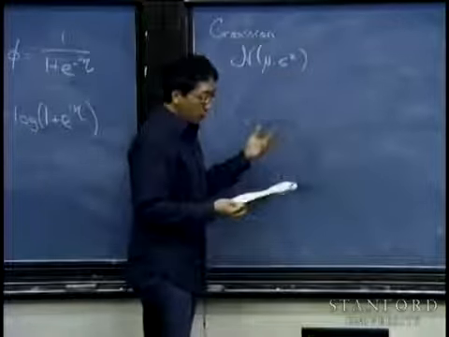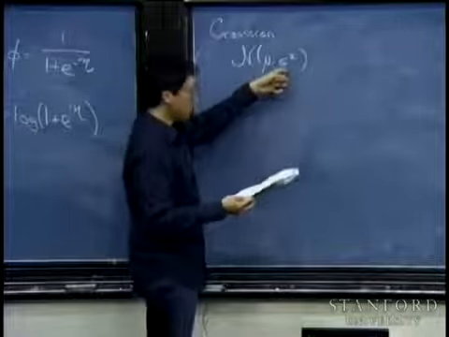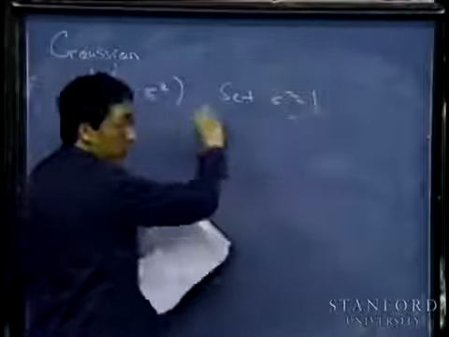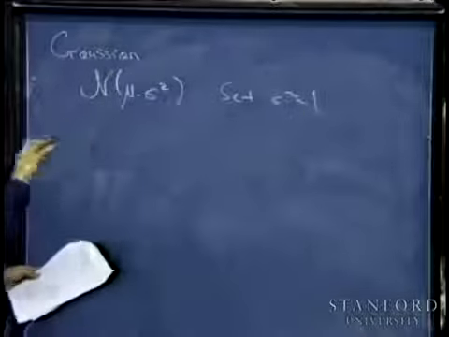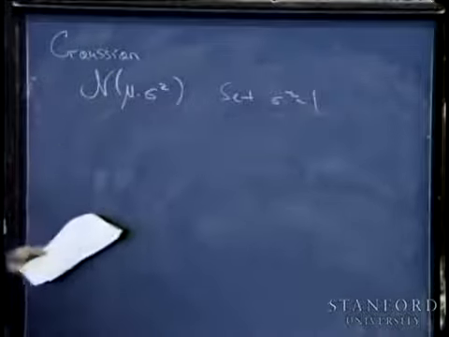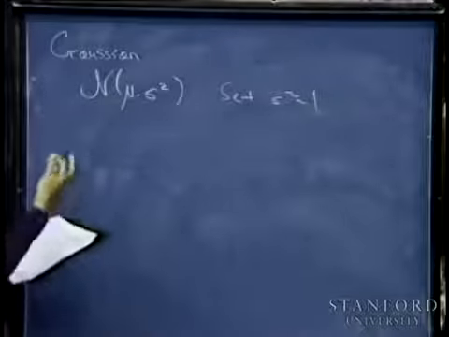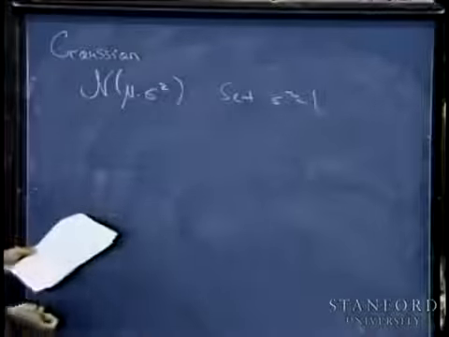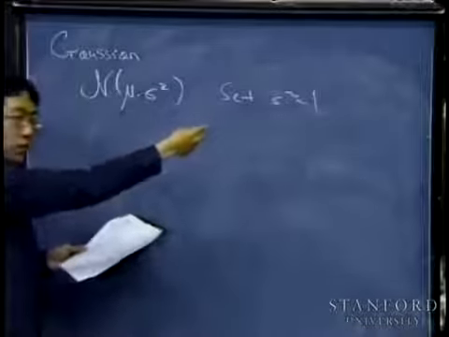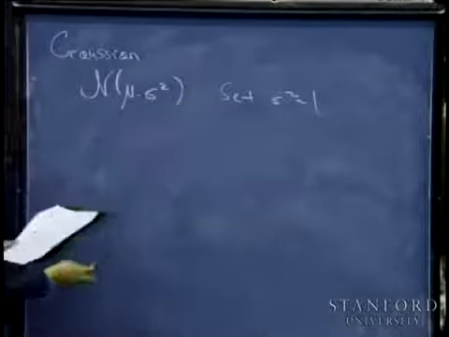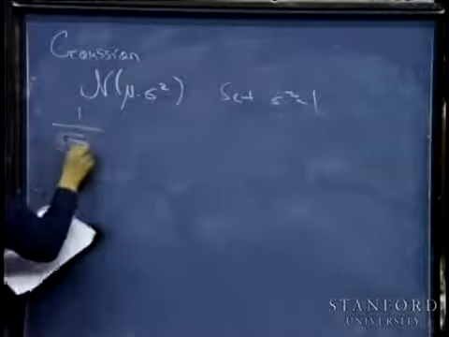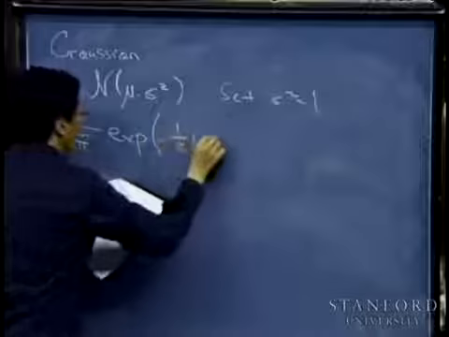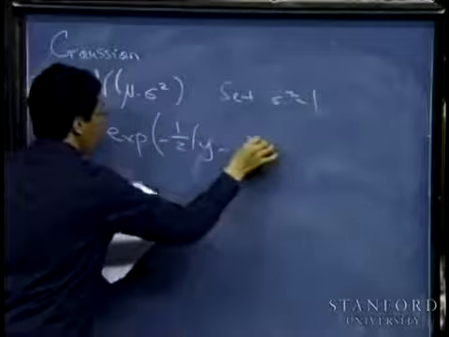So for the purposes of writing less in today's lecture and not taking into account sigma squared, I'm just going to set sigma squared equal to 1, so as to not worry about it. The lecture notes talk a little bit more about this, but to make what I'm doing in class simpler today, let's just set sigma squared equals 1. Sigma squared is essentially just a scaling factor on the variable y. So in that case, the Gaussian density is given by this, with exponent minus one half (y minus mu) squared.